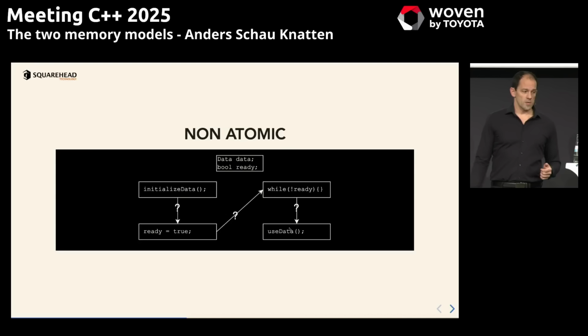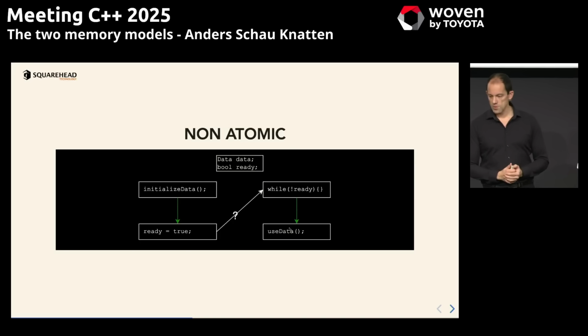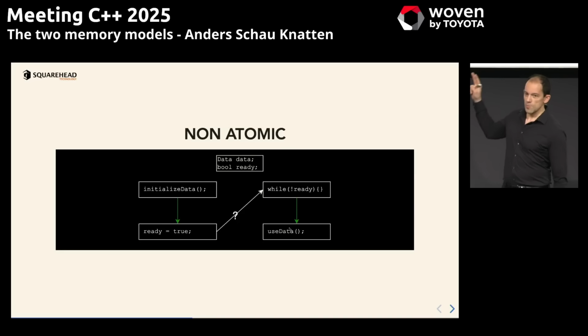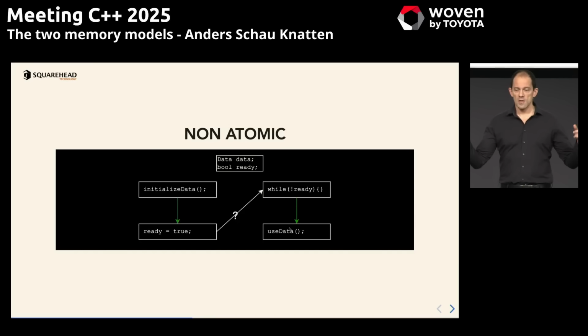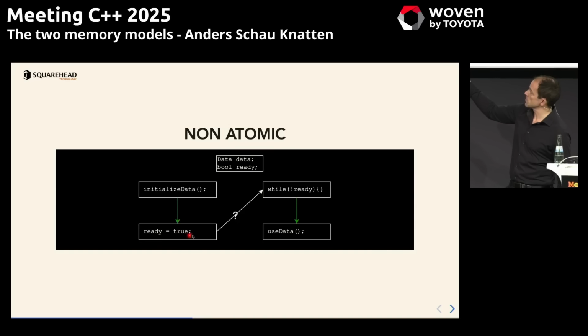But this is the non-atomic example. So unfortunately, it's not yet all green, or actually that's the next slide. Spoiled my next slide. The point is that within the thread, we saw previously that every expression evaluation, including side effects, happens before the next one. So inside of each thread, you have the happens before relationship. And then I wrote ready equals true here.